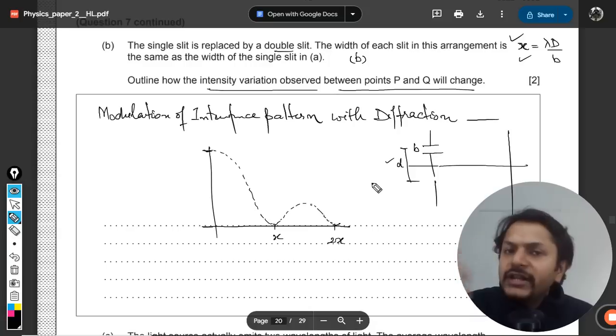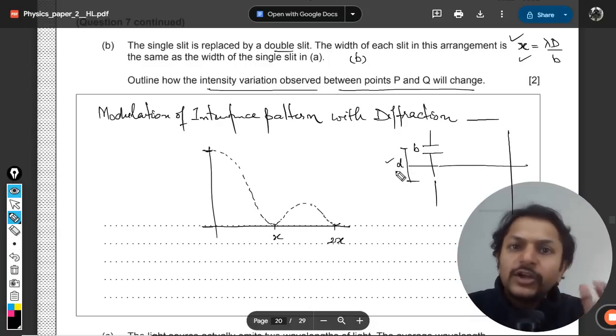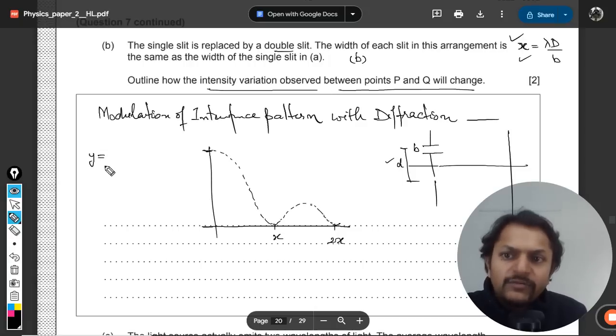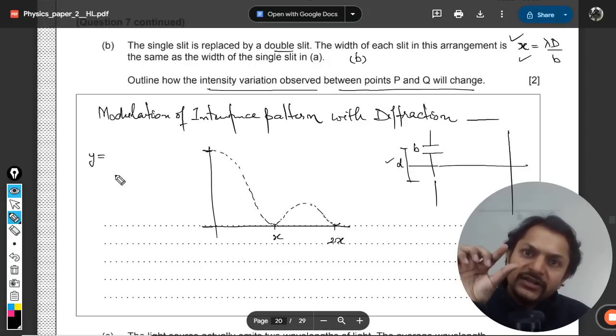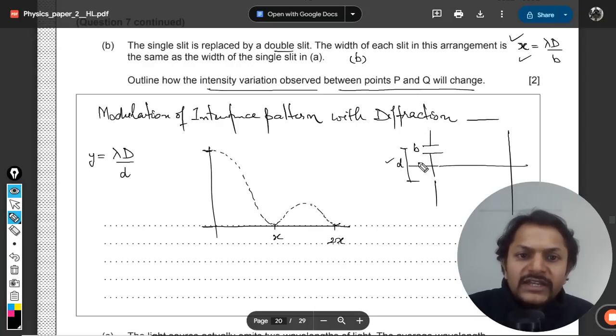So when it comes to interference, d is more important, and we do not take into account b. So the interference fringe width, let me call it y, will be given by lambda D by small d. So definitely small d is a bigger length than b. So if the denominator is bigger, y will be lesser.